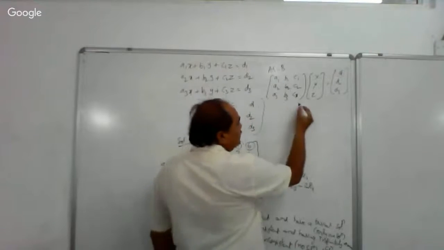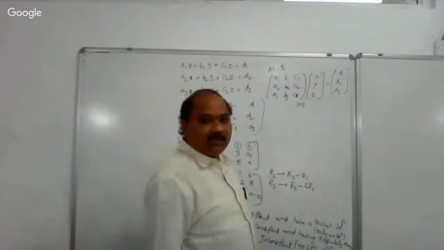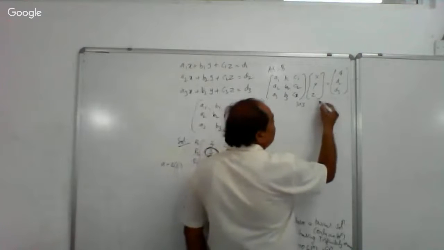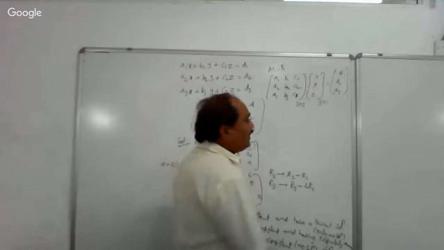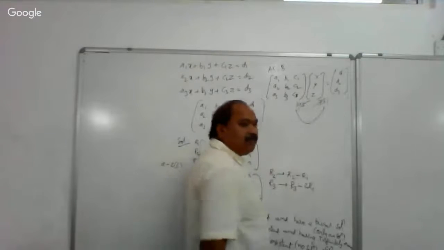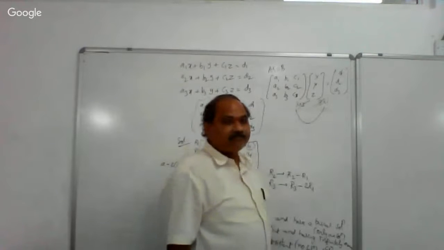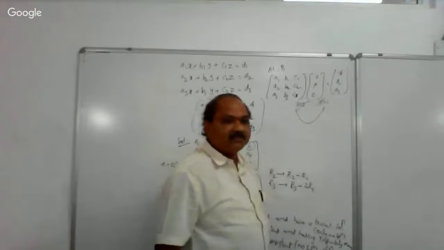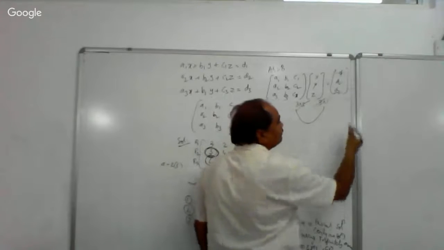Now, it is a 3 by 3 matrix times a 3 by 1 matrix, matrix multiplication. The final matrix is of order 3 by 1, 3 rows, 1 column.